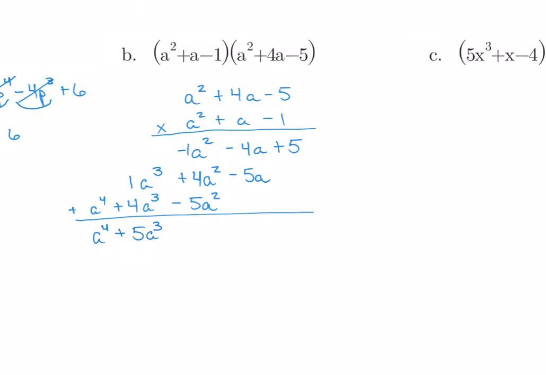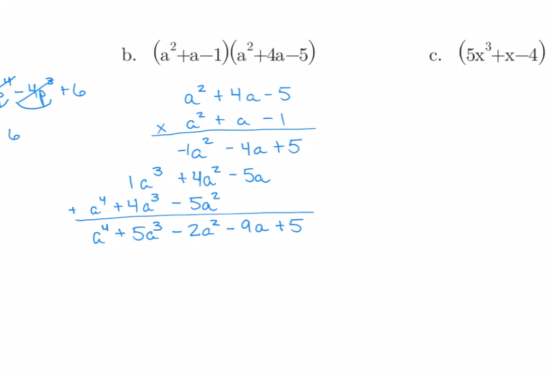We have -1 plus 4 minus 5 is -2, a squared. -4 and -5 is -9, a. And then we have our constant term 5. And we're done.